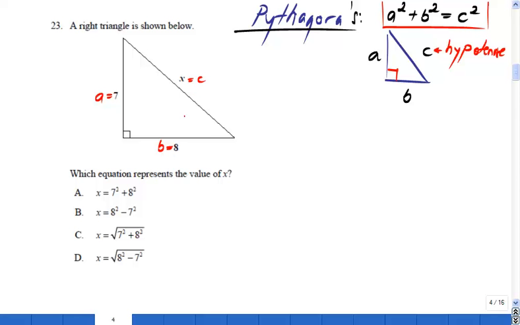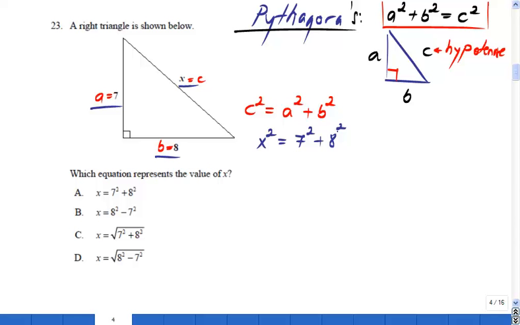A squared plus b squared equals c squared, or if you want you can write it backwards, right? You can say c squared equals a squared plus b squared. But my c is actually x, so I have x squared equals a squared. A squared is 7. 7 squared plus b squared, which is 8.